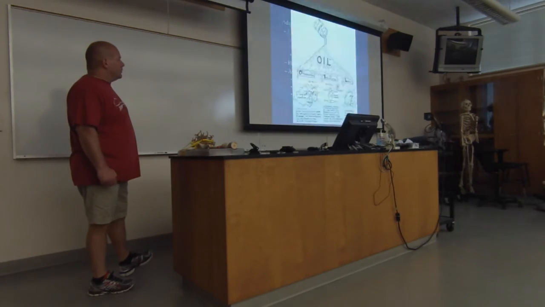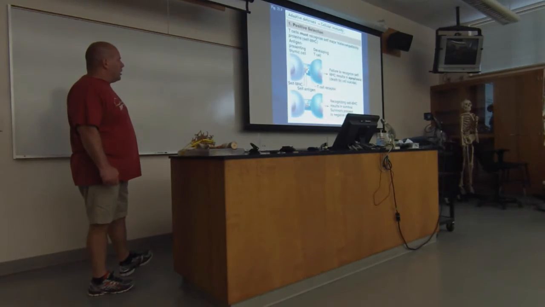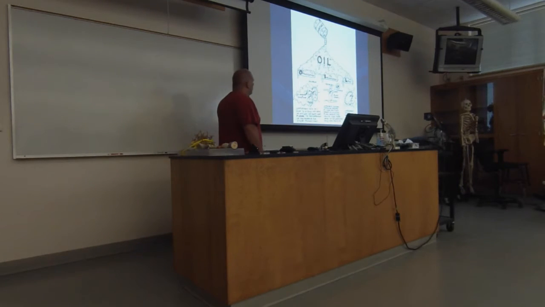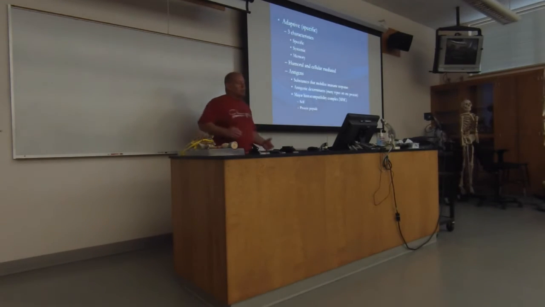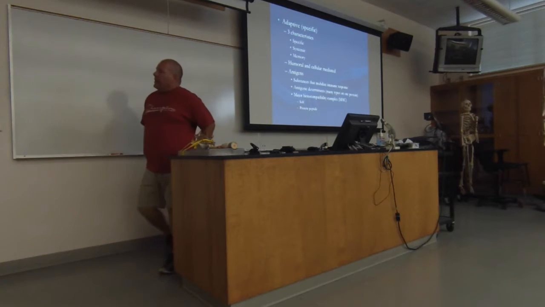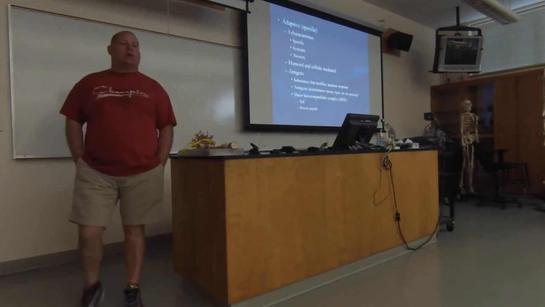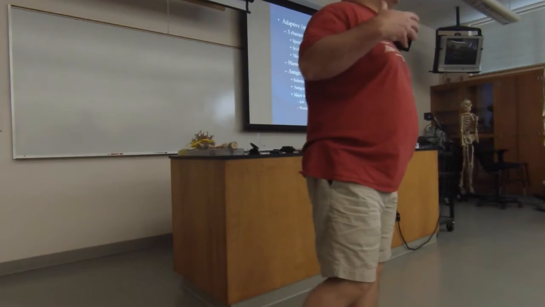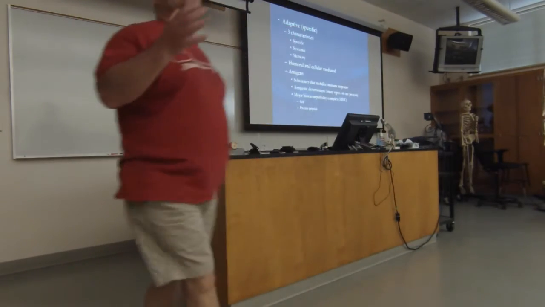So, we've gone through all of the stuff on fever, and complement, and all that wonderful stuff. So with our adaptive system, remember that the innate is referred to as nonspecific, primarily because it doesn't care what the bad guy is, as long as we know it's a bad guy. It's not self.